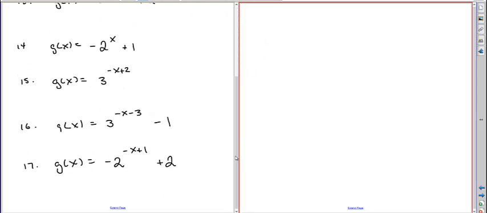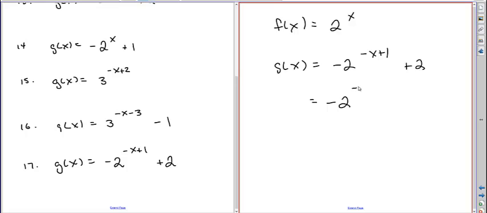Okay, so last problem. Parent function is 2 to the x. Our transform function is -2 to the -x plus 1, plus 2. So again, we're going to factor out the negative sign in the exponent. So what we have is we have an x shift of plus 1, because we have negative the quantity x minus 1.